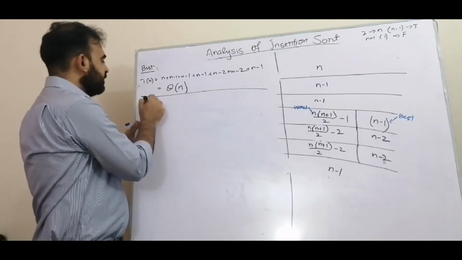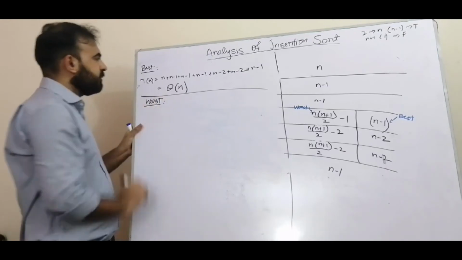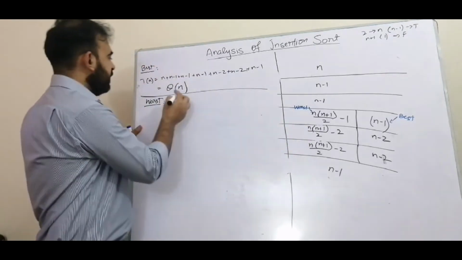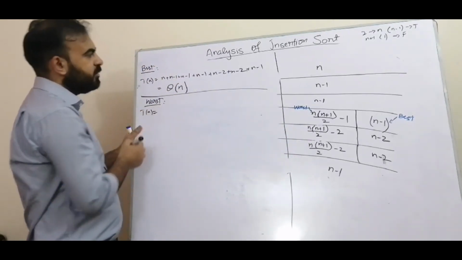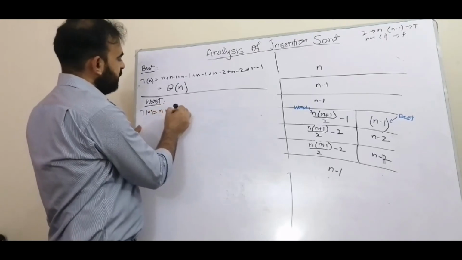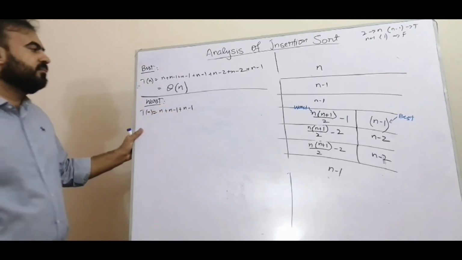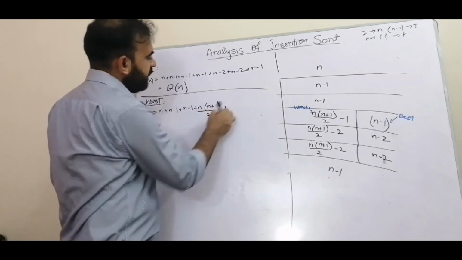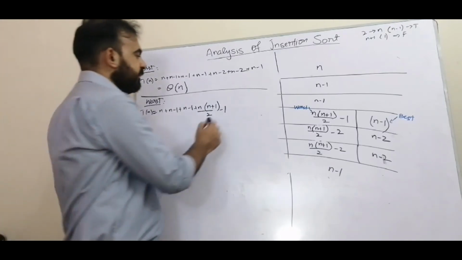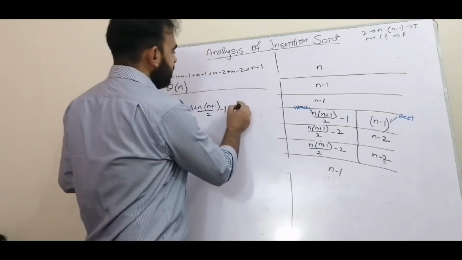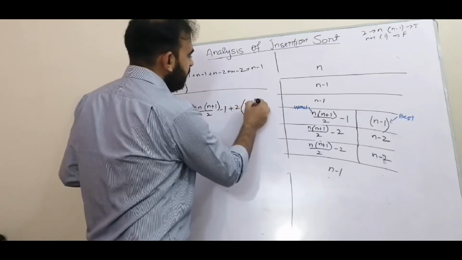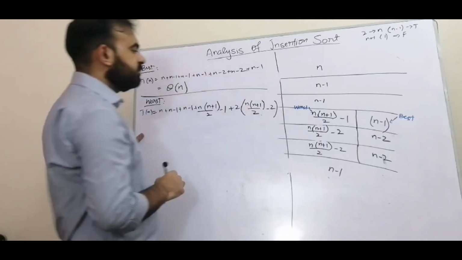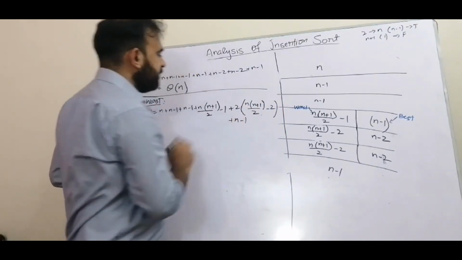Then for the worst case, T of n is equal to n plus n minus 1 plus n minus 1 plus n into n plus 1 divided by 2 minus 1, plus this term is appearing 2 times, so 2 into n into n plus 1 divided by 2 minus 2, plus n plus n minus 1.